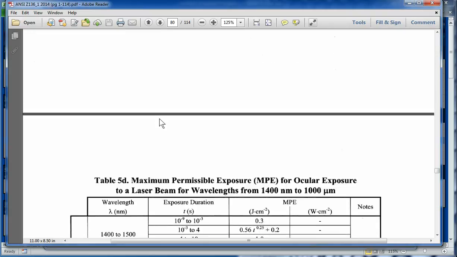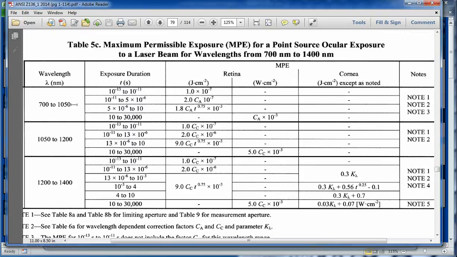Okay, let's go back up here to 700 nanometers. We can see for a 100 femtosecond pulse, the MPE is 1 times 10 to the minus 7th joules per square centimeter. So from our previous discussion, if we had a 25 femtosecond pulse, we would simply multiply this by 0.25, which would make this 2.5 times 10 to the minus 8th joules per square centimeter.